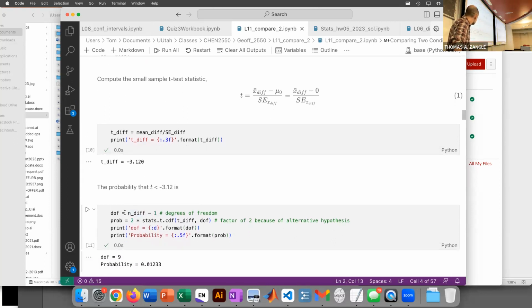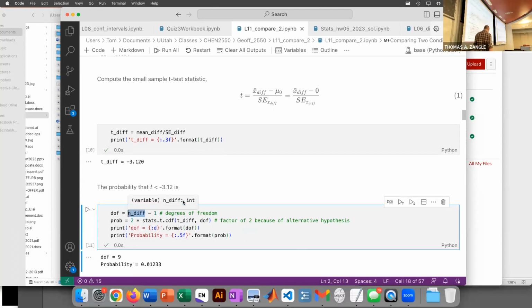And so now we're going to compute our degrees of freedom. In this case, we're making a pairwise comparison between these two sets of experiments. So we're going to take essentially the number of rows in our table, or the total number of pairs.